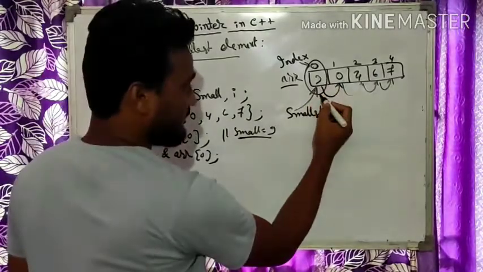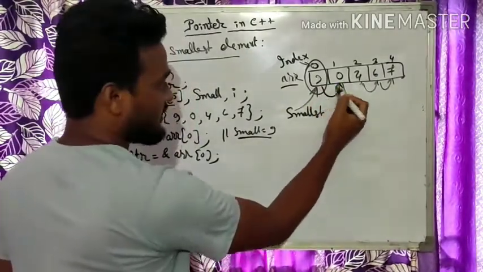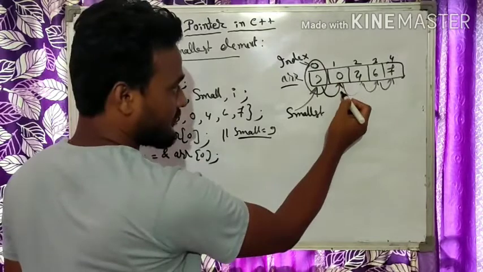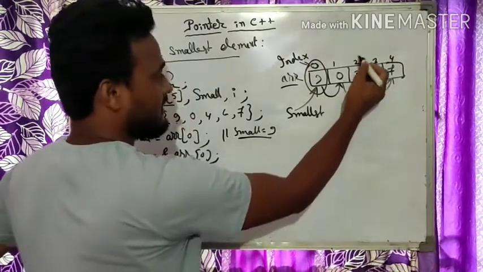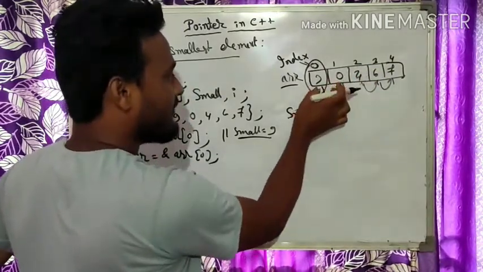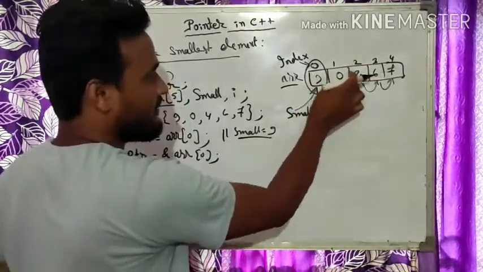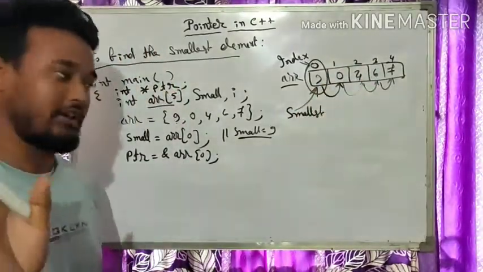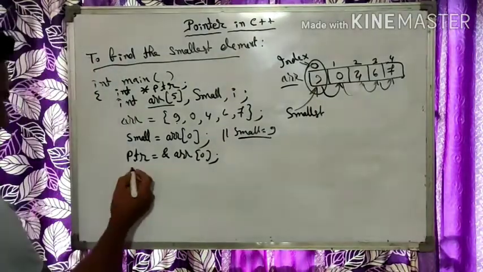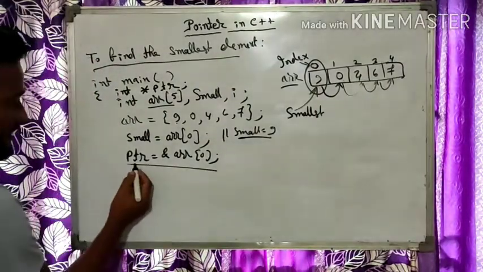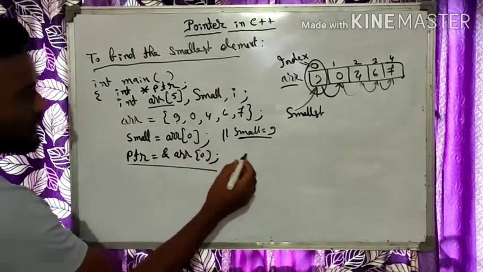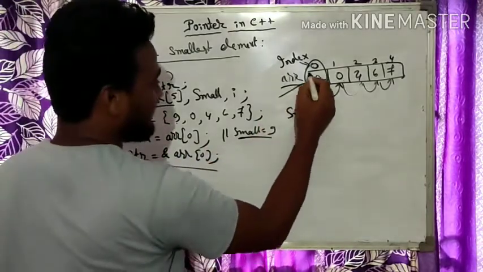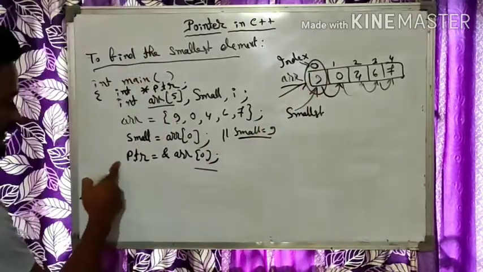For 9 there will be some separate memory address, for the second element also, and for the third also, because for every element there will be a separate memory address. So we have assigned the memory address to the pointer. That means the pointer is representing the first element, the 9, after executing this statement.